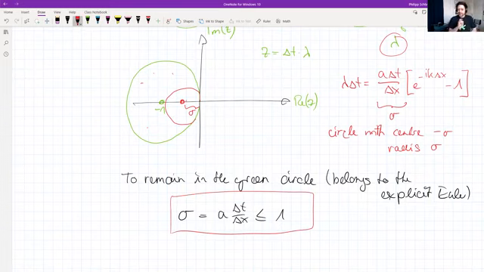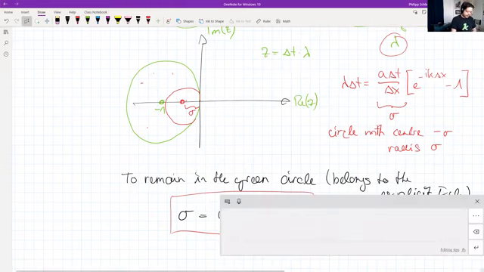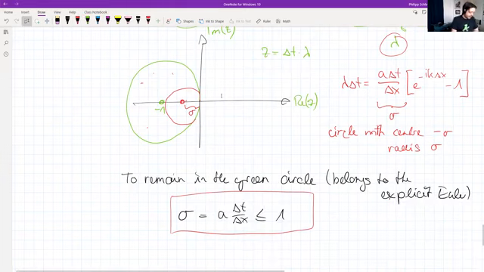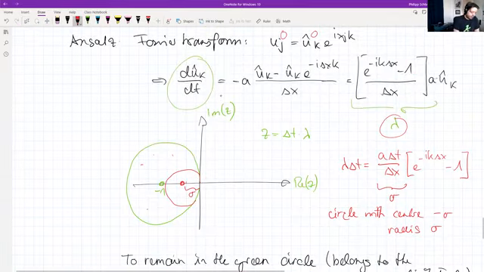But now I hope you see the difference here. What we have done here is we have calculated the stability based on the integration of an ODE. So the green circle now comes from the integration of the Dahlquist equation, u prime equals lambda u, which we have discretized with the explicit Euler.